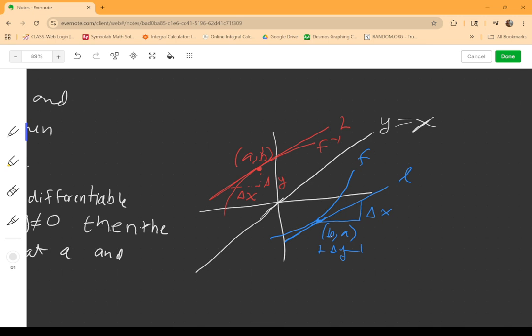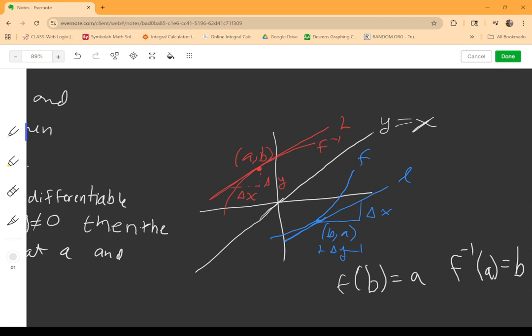Because if f of b is equal to a, then f inverse of a is equal to b. That's just the definition of inverse function.